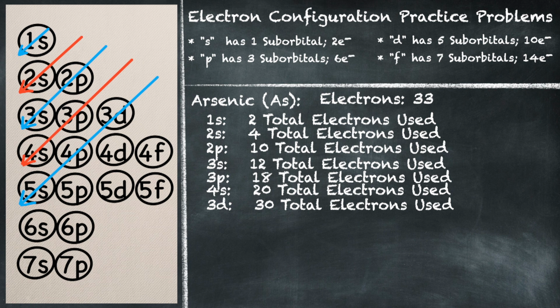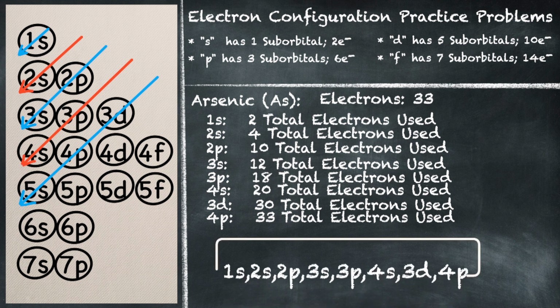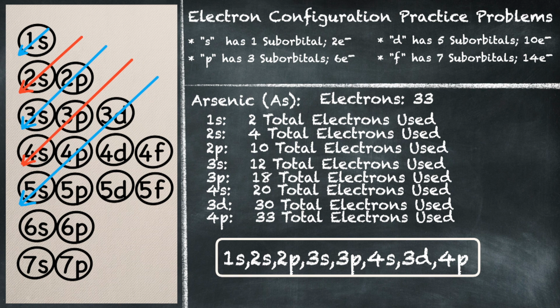So now we go to the 4p orbital, and we only need to fill that one up halfway. Even though it can have 6 total electrons, we only need to fill it up with 3. So that gives us an electron configuration of 1s, 2s, 2p, 3s, 3p, 4s, 3d, 4p.